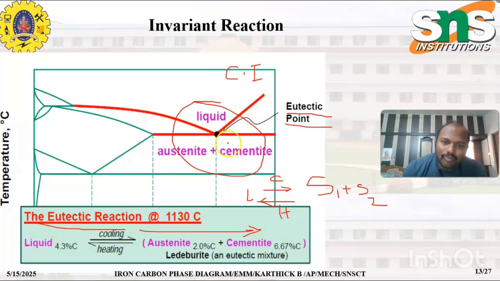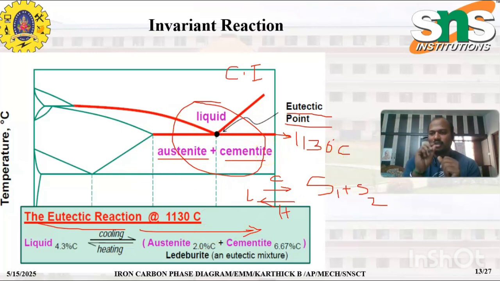In this iron carbon diagram, it occurs at 1130 degrees Celsius, and the two solids are nothing but austenite and cementite. This combination of austenite and cementite is known as ledeburite.